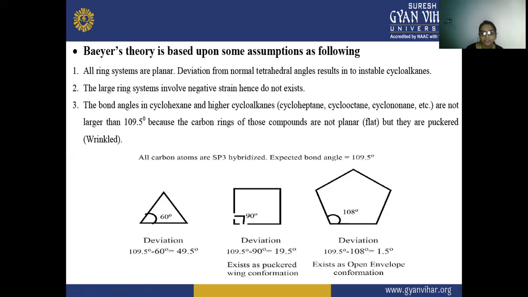So the deviation is 49.5 degrees, and in the case of cyclobutane the deviation is 19.5 degrees, because the angle shown by the cyclobutane carbons is 90 degrees, and in the case of cyclopentane the deviation is 1.5 degrees. Cyclobutane exists in a puckered, or wrinkled, conformation, and in this the deviation is very small.